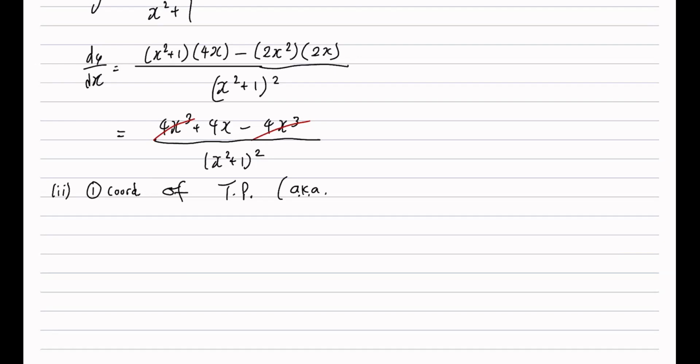TP is not toilet paper. TP is turning point. SP is not Singapore Poly, it's stationary point. Both are the cases where the gradient of the tangent is equal to 0.